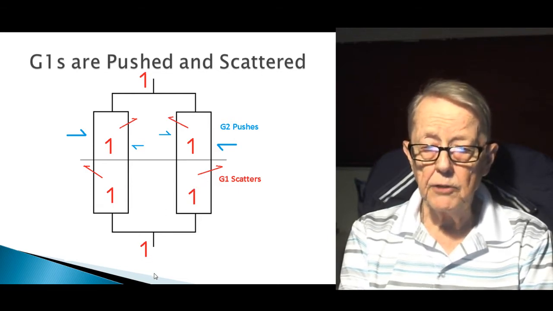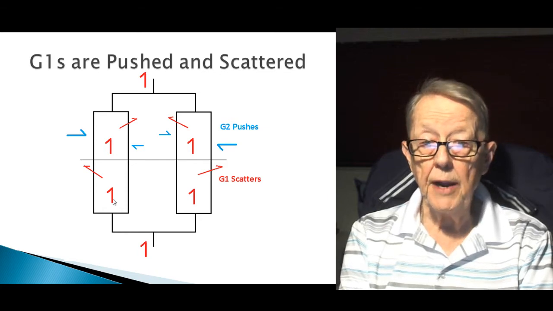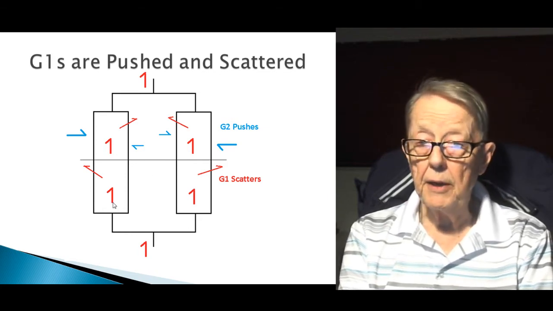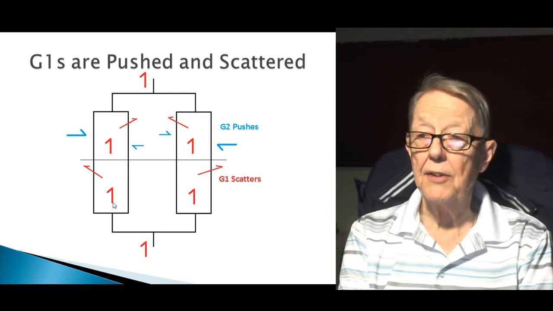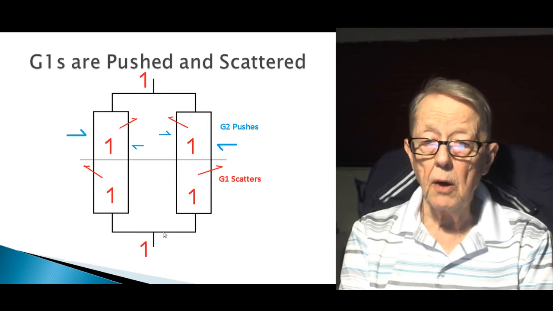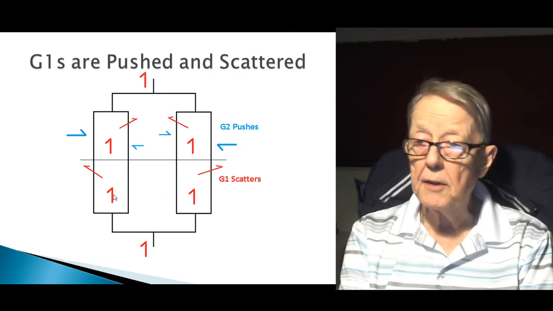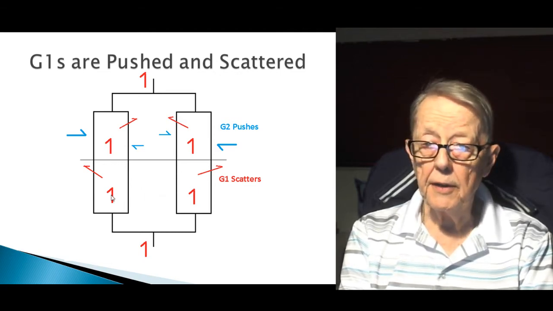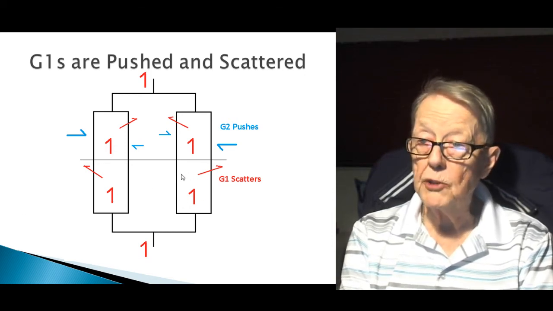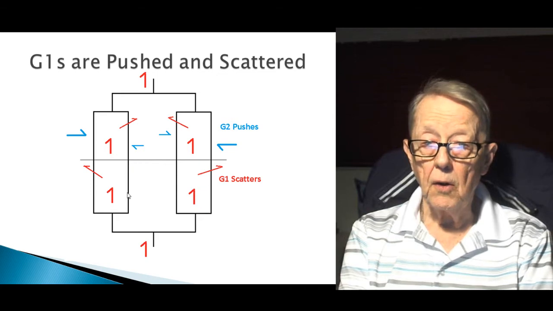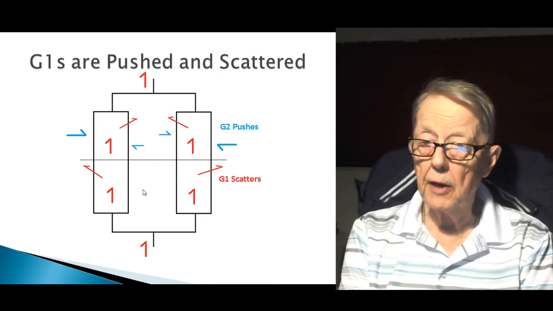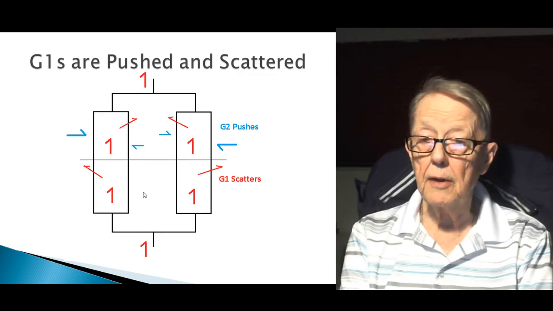So you have G1 particles entering the resistors, and the interaction can always be the same. It can either pass all the way through, or it can hit another G1 or hit the nucleus and scatter. Here they're bouncing off, or they can get trapped. Trapping is not shown here. I use trapping mostly for electrostatics.